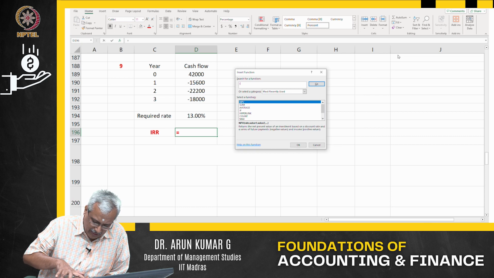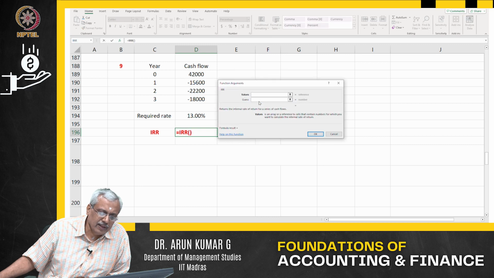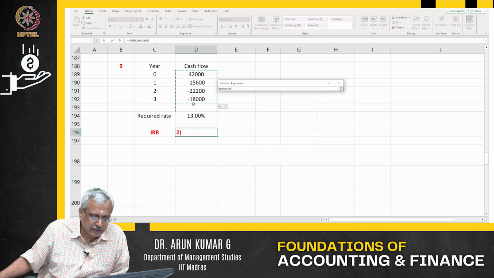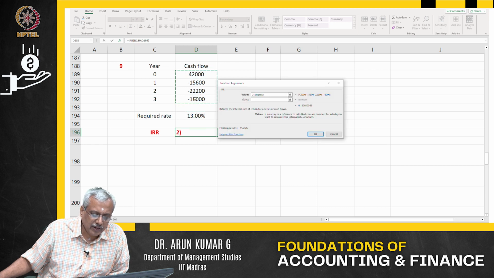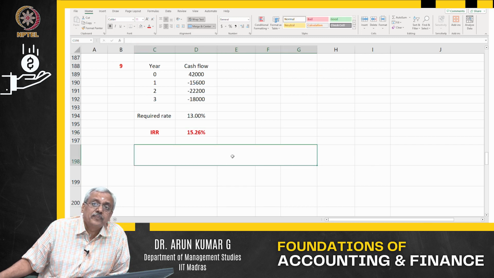I will just type IRR. It gives me the IRR. These are the values, and then I will click. So what happens? IRR is 15.26% for this project.